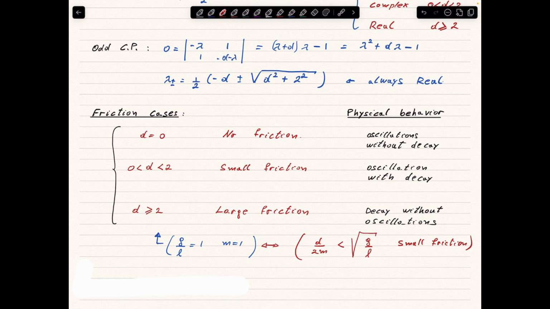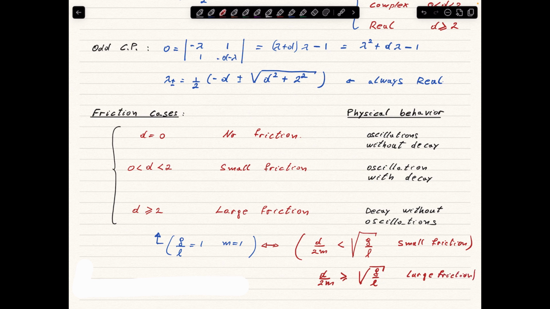And the condition of large friction is, of course, d over 2m bigger or equal the square root of G over L. Recall the square root of G over L is the frequency of oscillation when there is no friction, but that frequency changes with friction. And this is the case anyway, large friction.